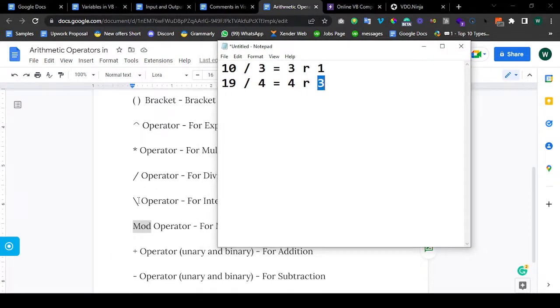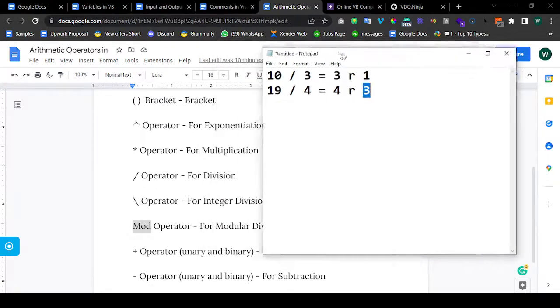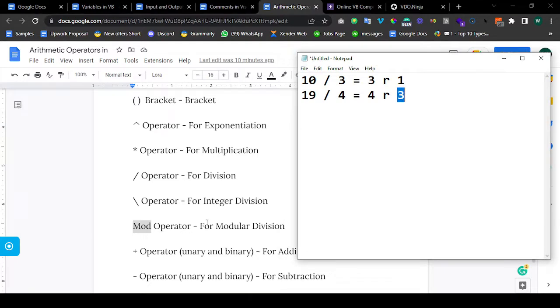Now, we have the integer division and we have the modular division. The integer division is saying if you divide 10 by 3, just take the whole number part and go away. So for integer division, dividing 10 by 3 is going to give you 3.